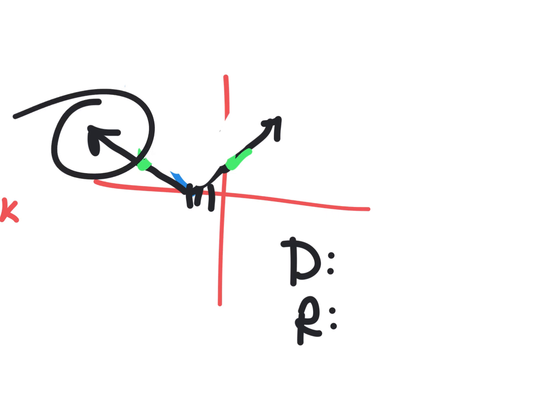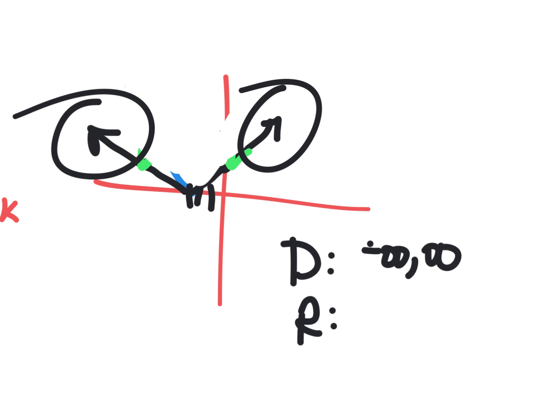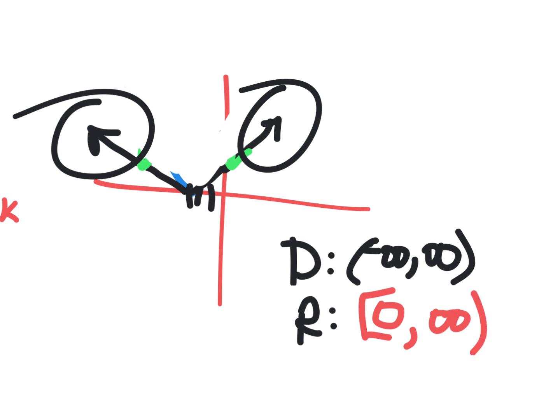How far to the left does it go? Infinity. How far to the right does it go? Infinity. Negative infinity to infinity. Don't forget, there is such a thing as negative infinity. It's the one that's way to the left. And then the range. Mackenzie, what'd you get? 0. 0 is correct. Does it touch 0? Yeah. So, bracket 0, comma, infinity.